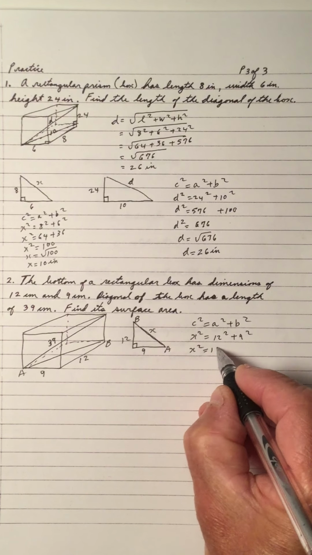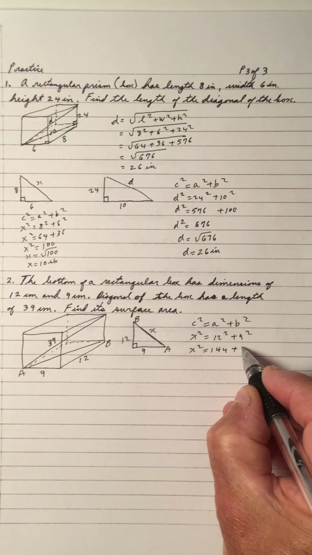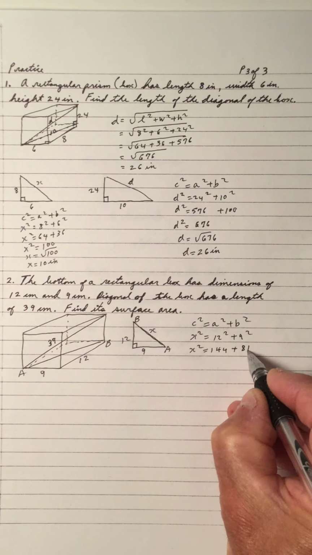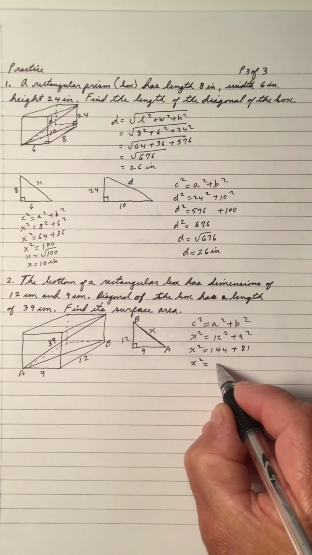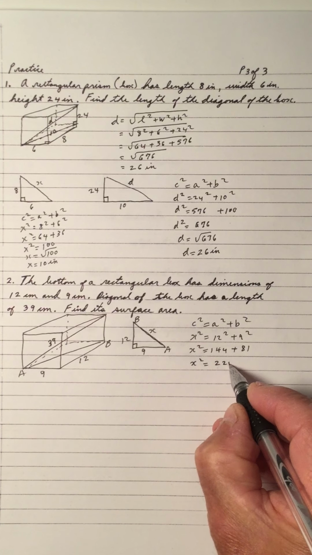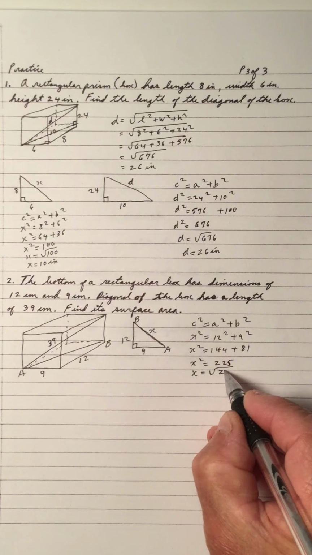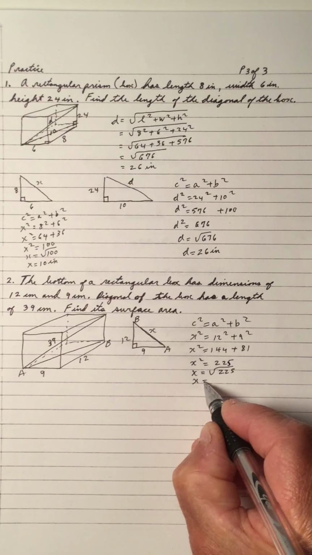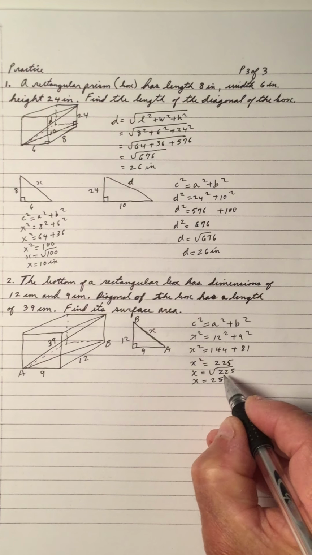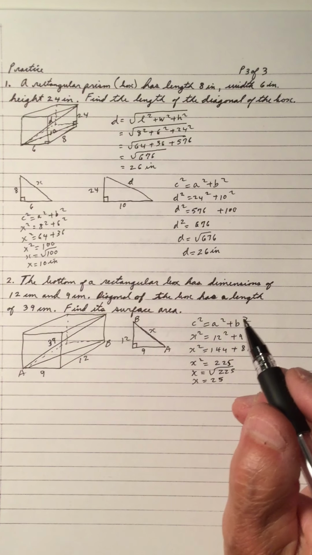So X squared is 144 plus 9 squared, which is 81. That adds up to 225. X is the square root of 225. So X is 25.